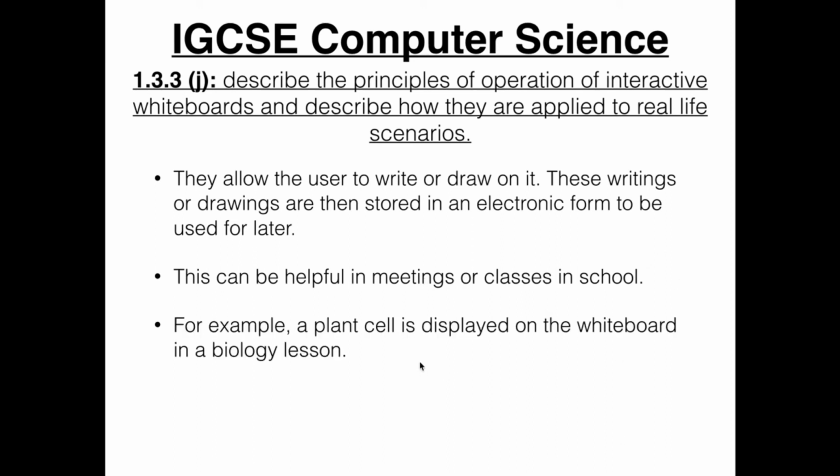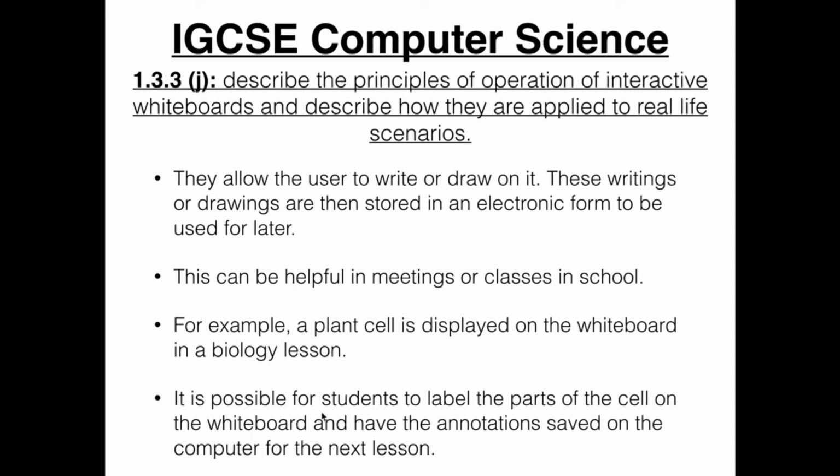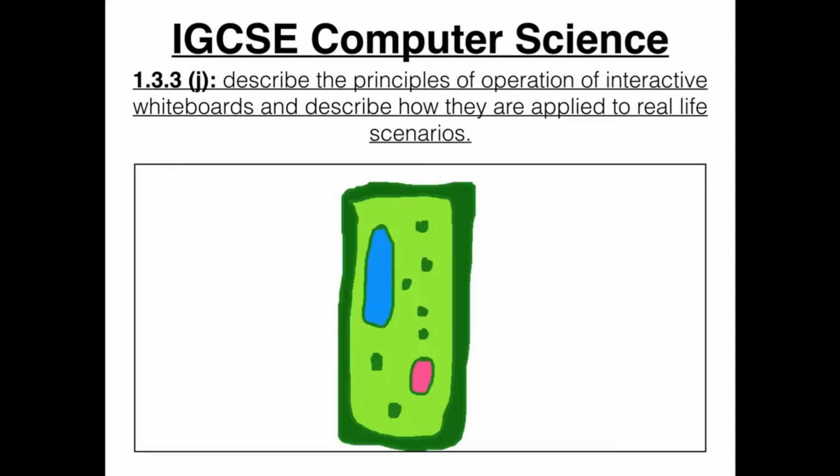For example, a plant cell is displayed on the whiteboard in a biology lesson. It's possible for students to label the parts of the cell on the whiteboard and have the annotations saved on the computer for the next lesson. So here we've got a plant cell. I sort of drew this, kind of looks really weird.